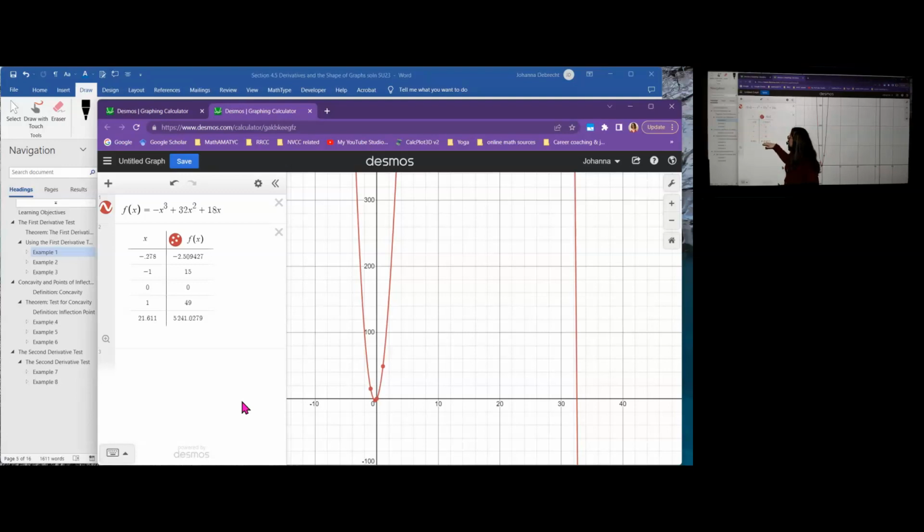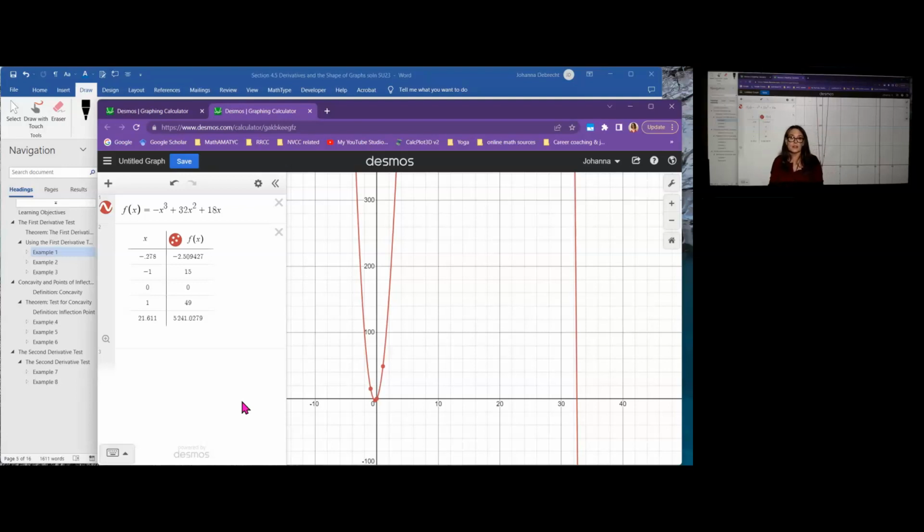This gives us an approximation of the values of y at the critical points. That means I have a relative minimum of -2.5 at the first critical point and a relative maximum of 5,241 at the second critical point.